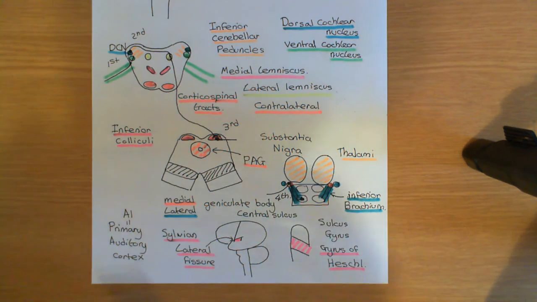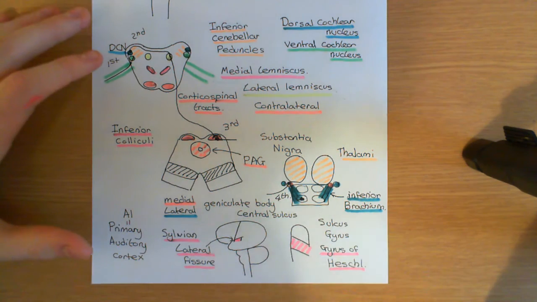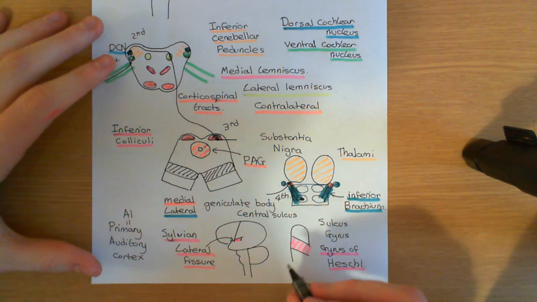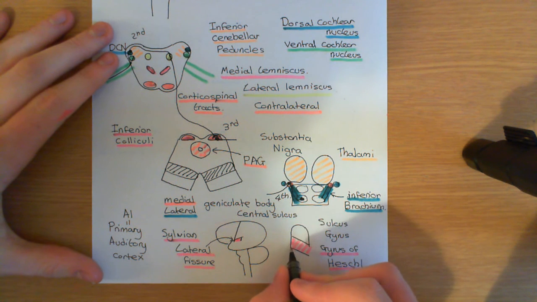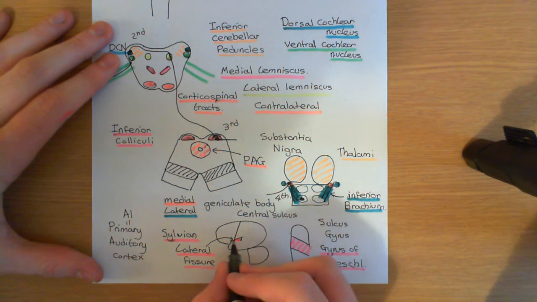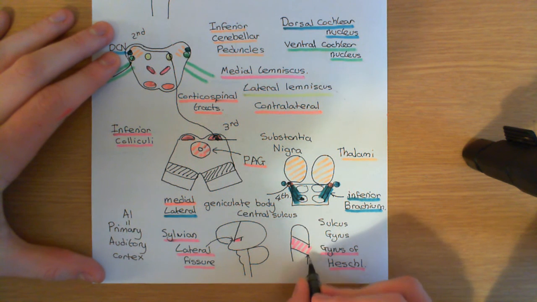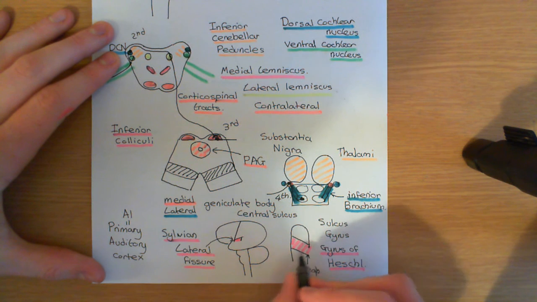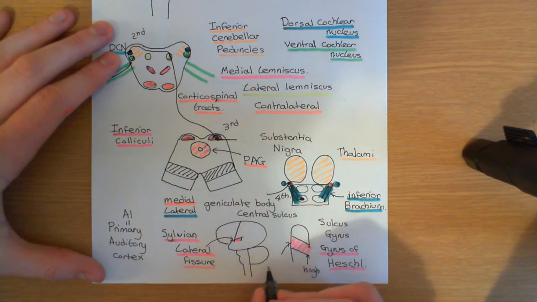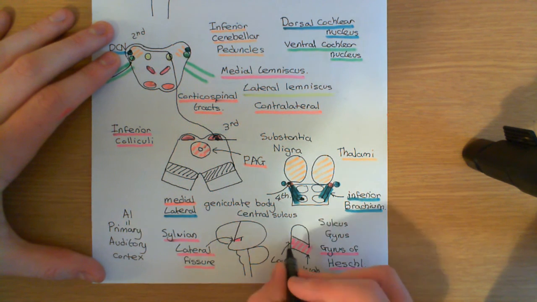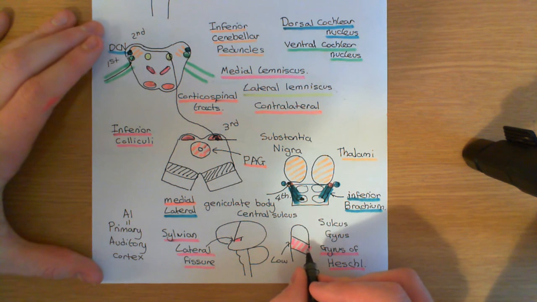Okay, so information coming about low tone frequency sounds is going to be taken to this portion of the primary auditory cortex, i.e. the lateral portion of the primary auditory cortex, the bit that is closest to the entrance to the lateral fissure. And information about high pitch sounds, so high frequency sounds, is going to go more to this medial portion of the gyrus of Heschl. Okay, so low frequency sounds are going to go here, high frequency sounds are going to go here.